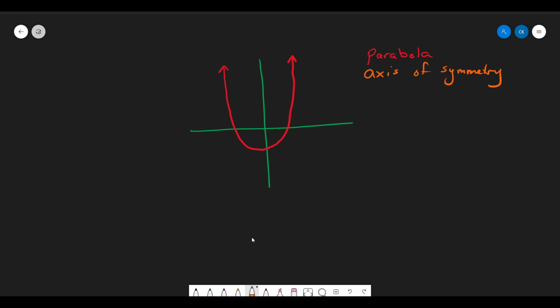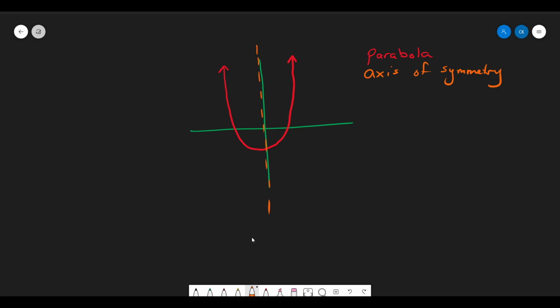Well, that's essentially what the axis of symmetry is as well. It's a line that if I were to flip this parabola over, like fold it on this line, we would have the same image on both sides. Okay, so we have this axis of symmetry as well.